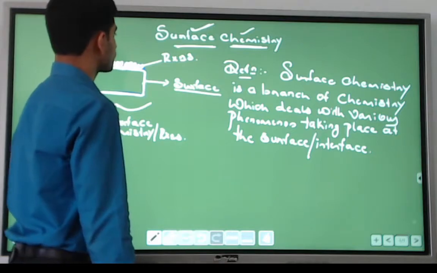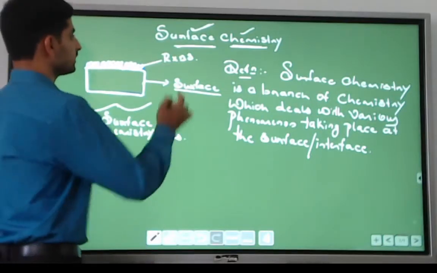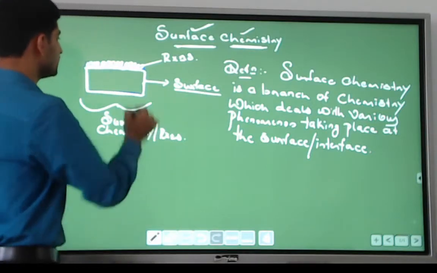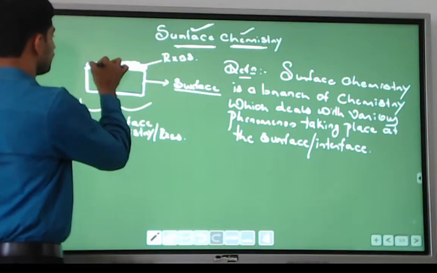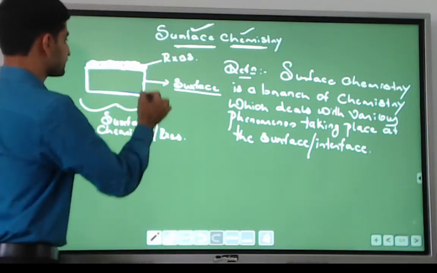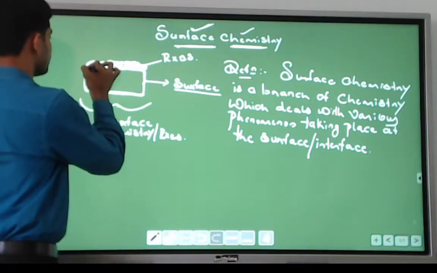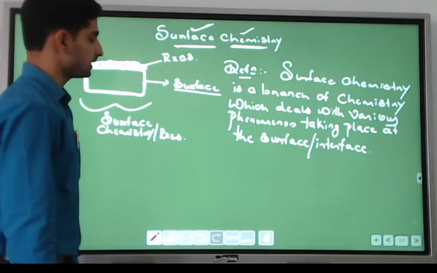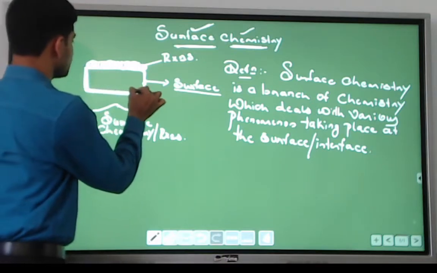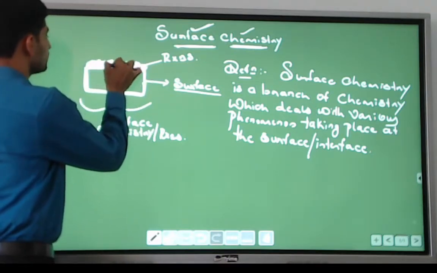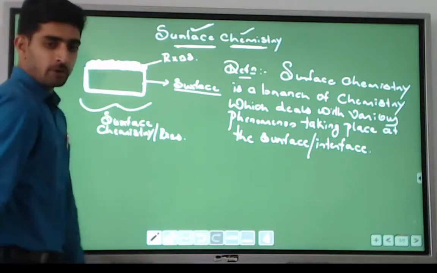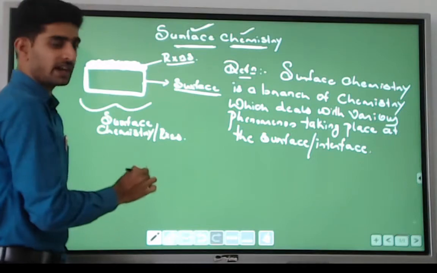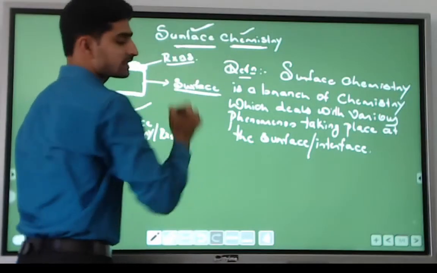Now see here, as I told you already, surface chemistry is the study of the reactions that take place on the surface of any material. Any type of reaction that takes place on the surface of the material is called a surface reaction, and the study of these reactions is called surface chemistry.